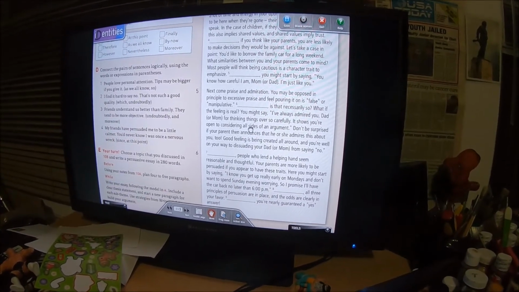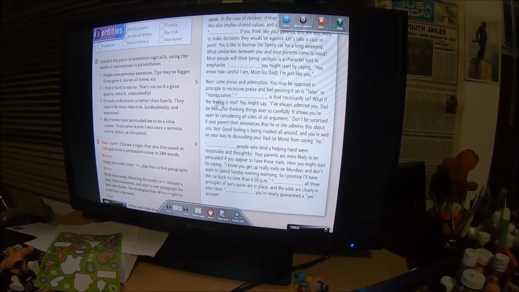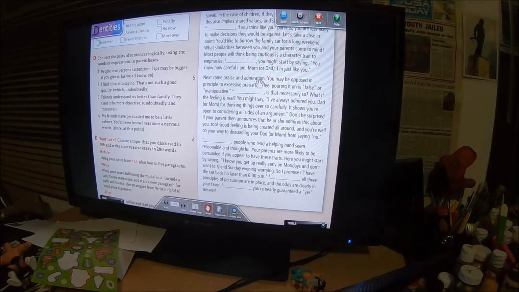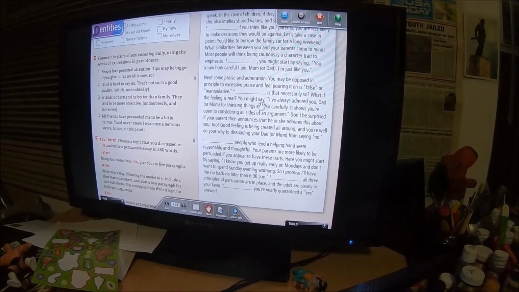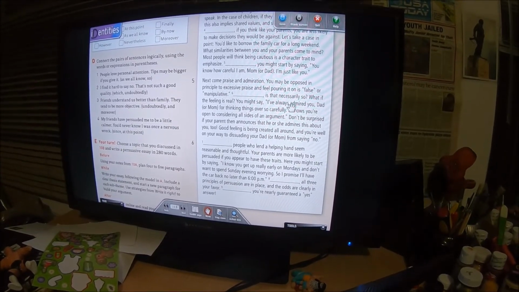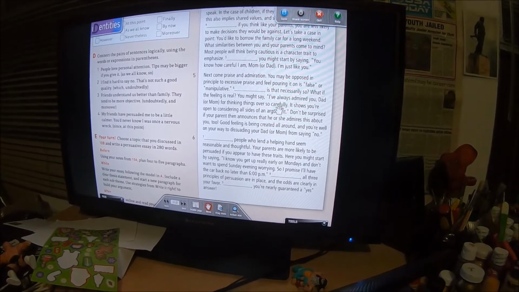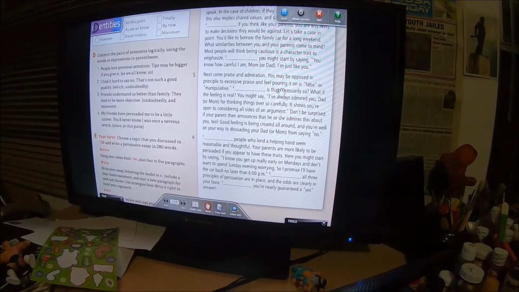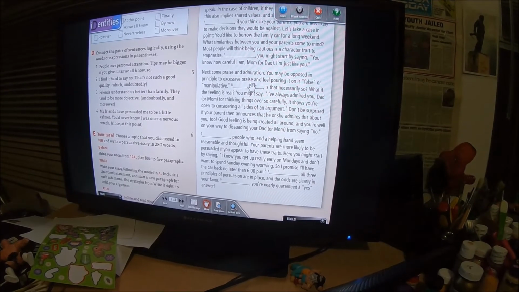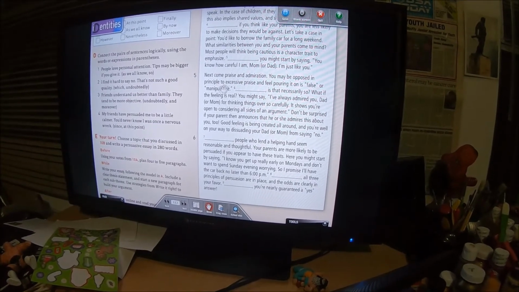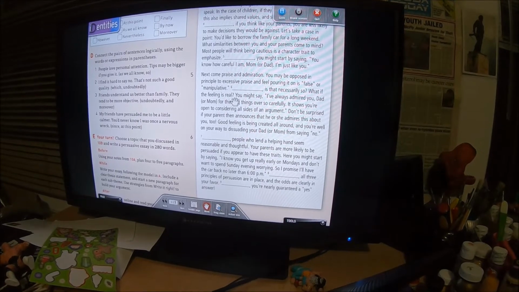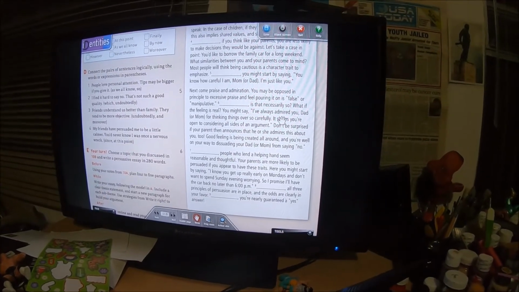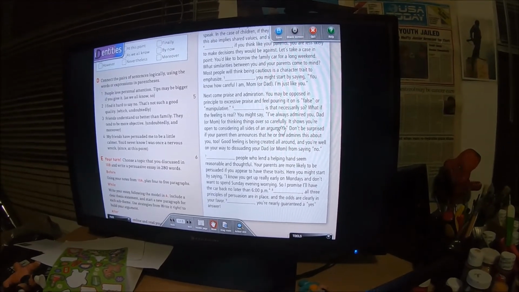Let's look at number 5. It says, next come praise and admiration. Does that have to do with the rest of it? Well, it says, you may be opposed in principle to excessive praise and feel pouring it on is false or manipulative. So what if the feeling is real? You might say, I've always admired you, Dad or Mom, for thinking things over so carefully.